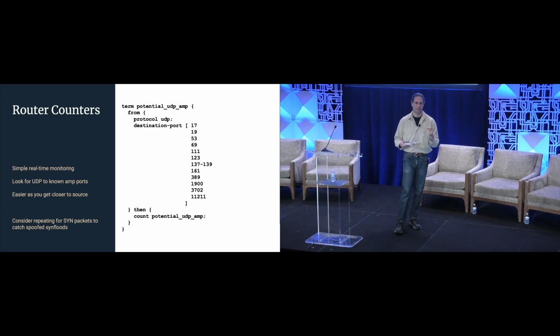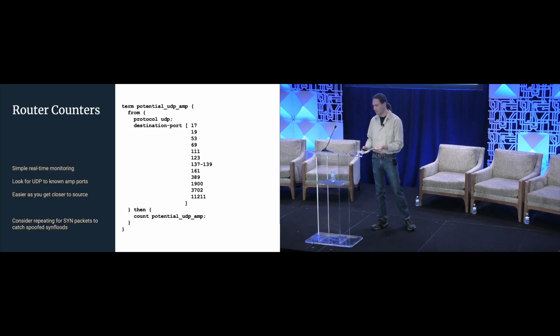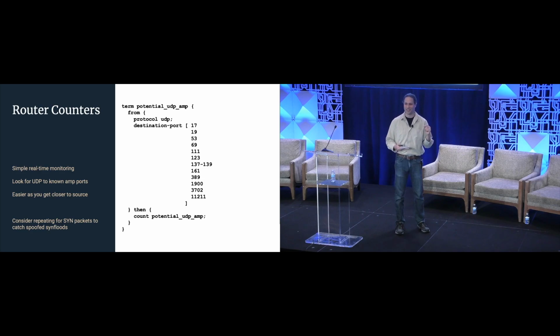The spoof traffic is probably coming from only one or two original sources. And so as you get nearer to that, it's easier to see it. And this is certainly a lot easier than trying to get a packet capture on your router and then look and see which port it came in on and then go to that router, right? If you have any monitoring of your network infrastructure with router counters, this is an easy one to add that'll give you a great visibility.